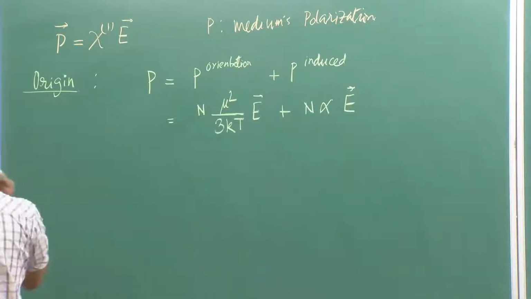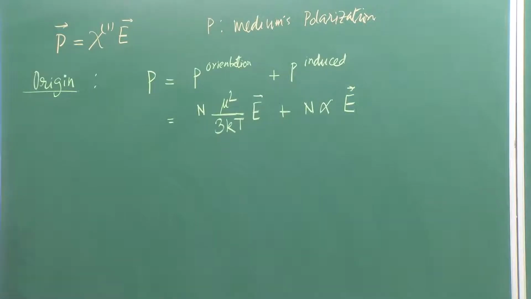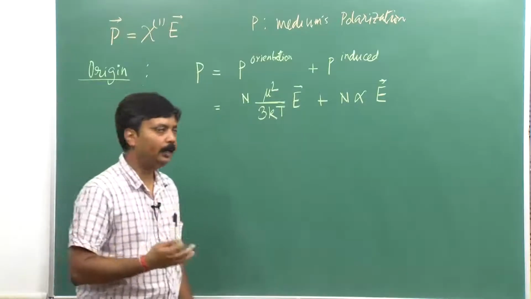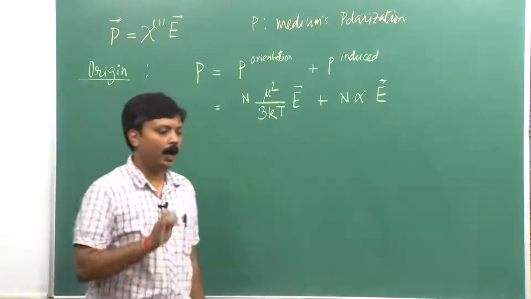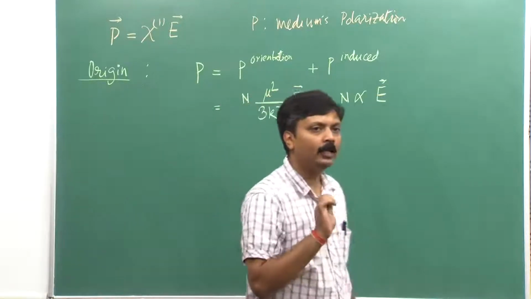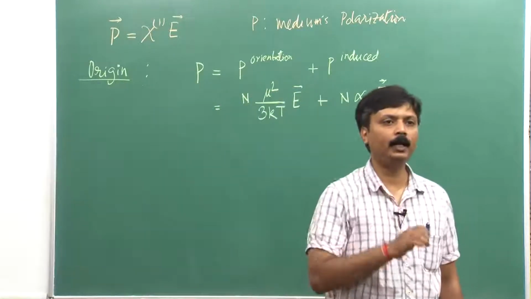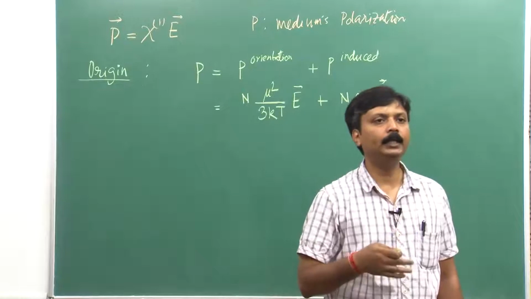right. So when we take a dielectric and allow the light to interact, it is the electric field of light which will interact. And what part of the material will interact with light? It's essentially the electrons.